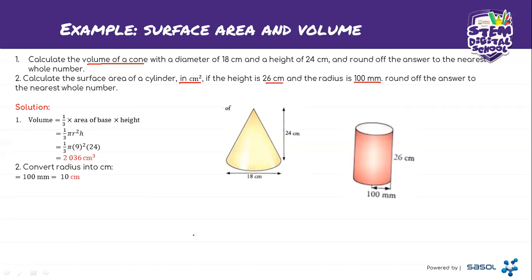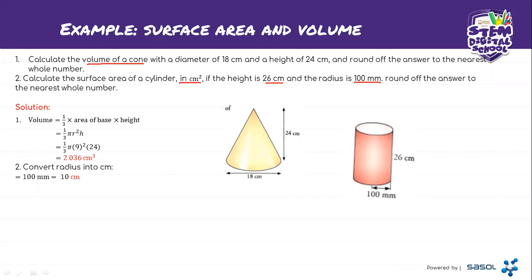Then it's going to give us what? It's going to give us 10. Now remember, when you convert millimeter to centimeter, you're going to divide by 10. When you move from millimeter to centimeter, you divide by 10. All right, then it's going to give us what? 10 centimeter. Now our units are the same.